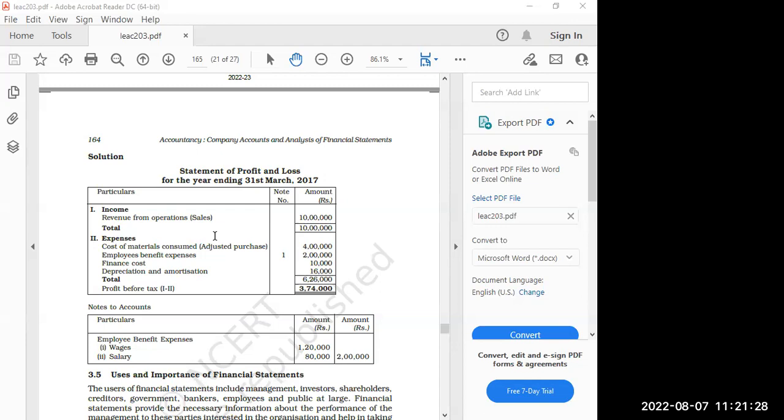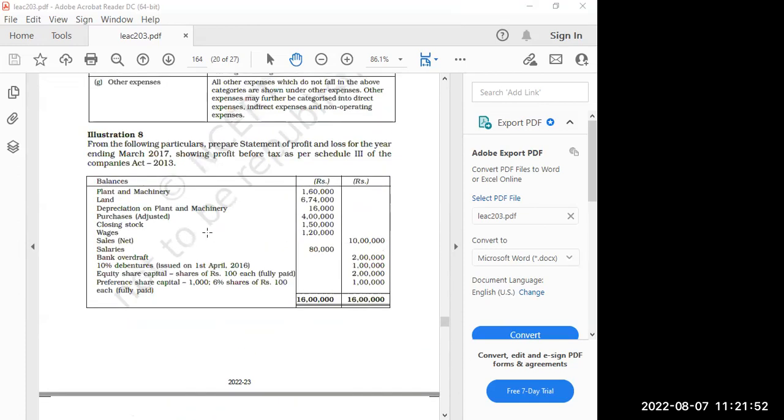Okay. First item is income or revenue from operations. Revenue from operations. How much revenue from operations? Revenue from operations means what? Sales. How much was the sales? In the trial balance, sales was 10 lakh, net.